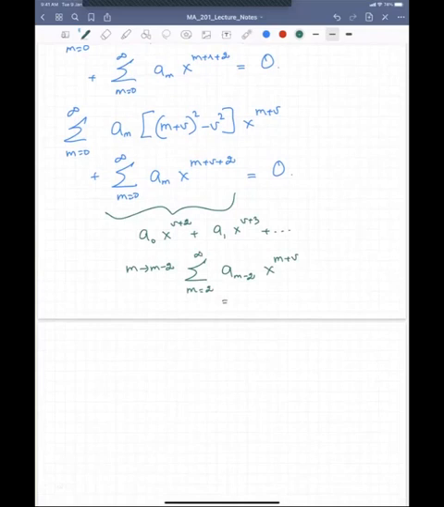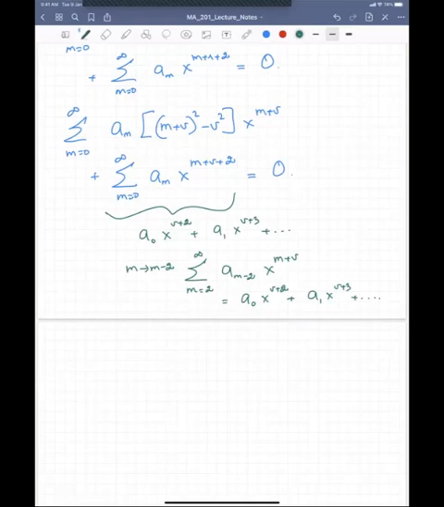So if I put m equals 2, the lowest power, 2 minus 2 is 0. So this is a0 x to the nu plus 2. And if I put m equals 3, the next term is obviously a1 x to the nu plus 3, and so on and so forth. So this series is formally the same as the earlier series, except that I should remember that this series doesn't contribute to the lowest two powers, right?